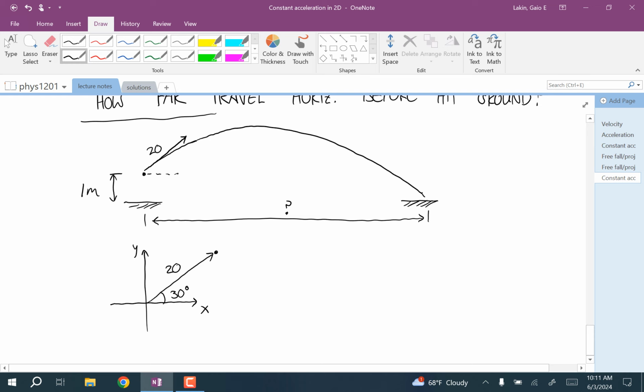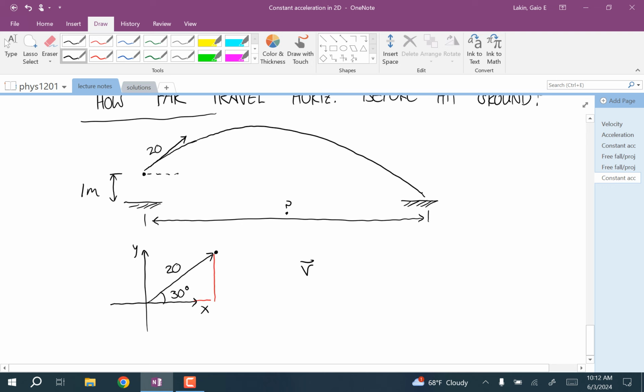I want to calculate the coordinates of this point. If you visualize that right triangle, the horizontal leg is 20 times the cosine of 30, and the vertical leg is 20 times the sine of 30.